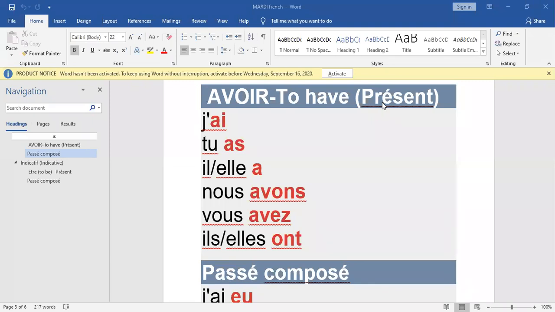And it is a helping verb for all those verbs that involve what? That involve movement. Remember, I said that when a verb takes être to go into the past, it behaves like an adjective, respecting the gender, the singular, the plural form of it.